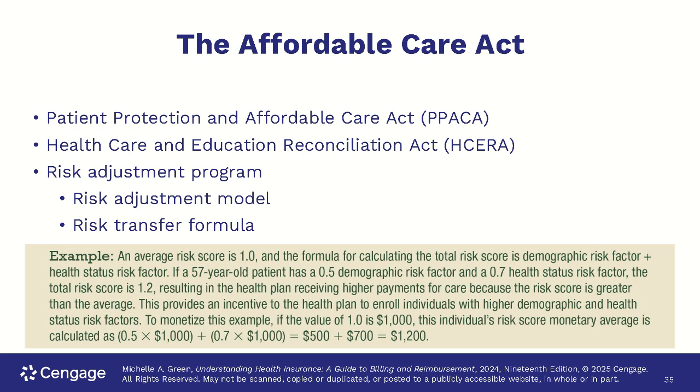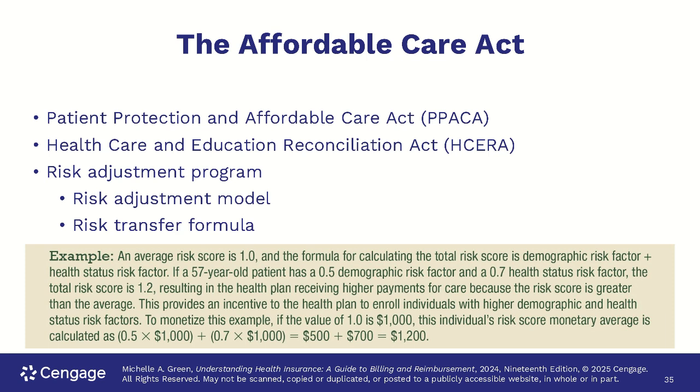So when you think about this big push towards healthy eating, decreasing the obesity rates, you see the increased use of things like Ozempic and weight loss surgeries. People are trying to reduce their health status risk.